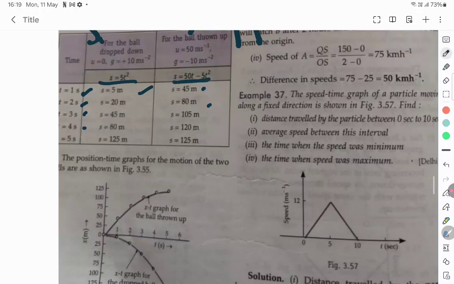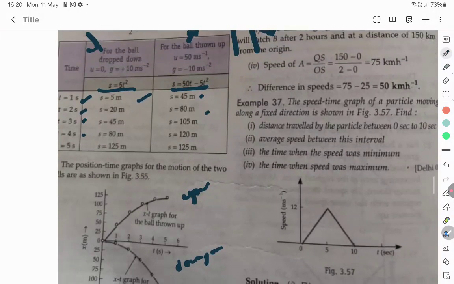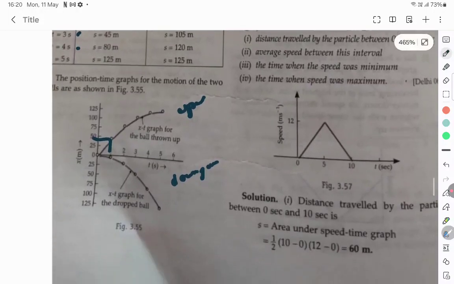And in this you know that this is the downward journey of the ball and this is the upward journey, because in the upward journey at time t is equal to 1, it is 45. So 1 and 45. So this corresponds to upward journey and this corresponds to downward journey.